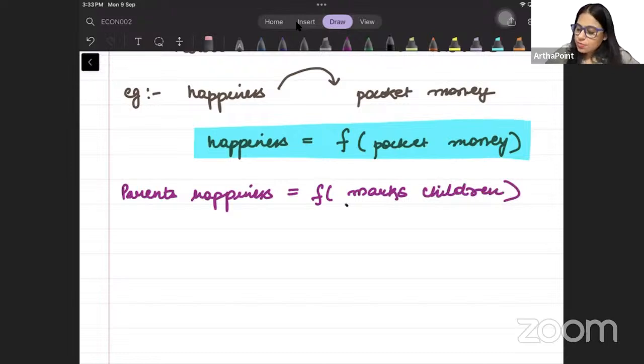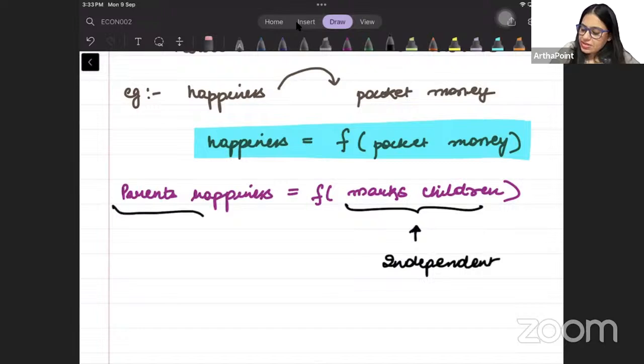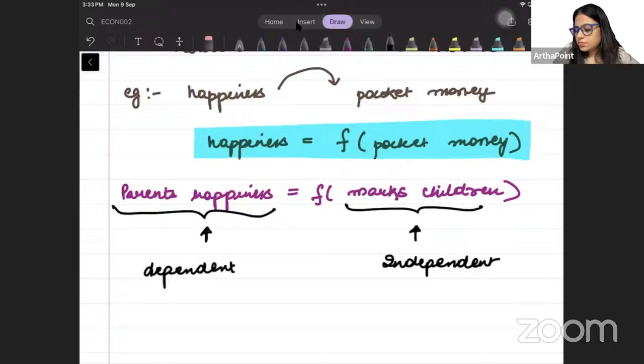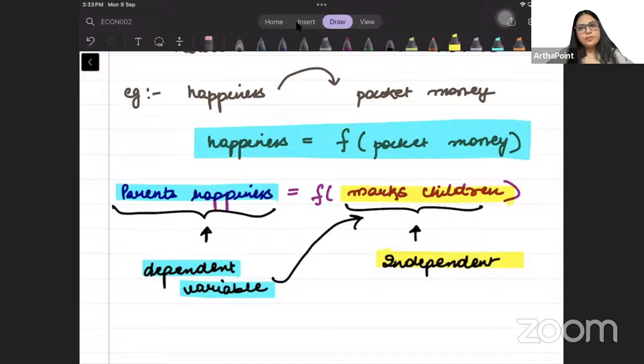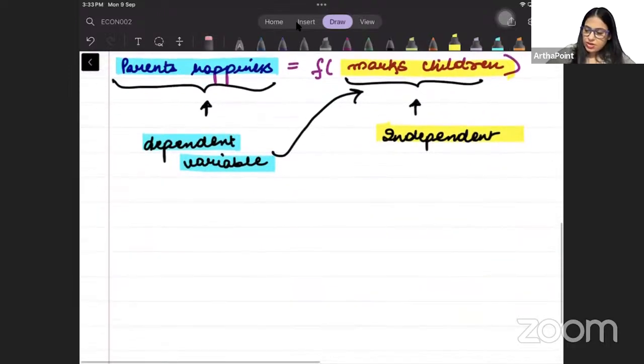So marks obtained is an independent variable. बट ये पेरेंट्स का जो हैप्पीनेस है, इट इज अ डिपेंडेंट वेरिएबल. एंड वो किस पे डिपेंड कर रहा है? ऑन मार्क्स ऑफ चिल्ड्रन. सो दिस इज अ डिपेंडेंट वेरिएबल एंड दिस इज एन इंडिपेंडेंट वेरिएबल. ठीक है.